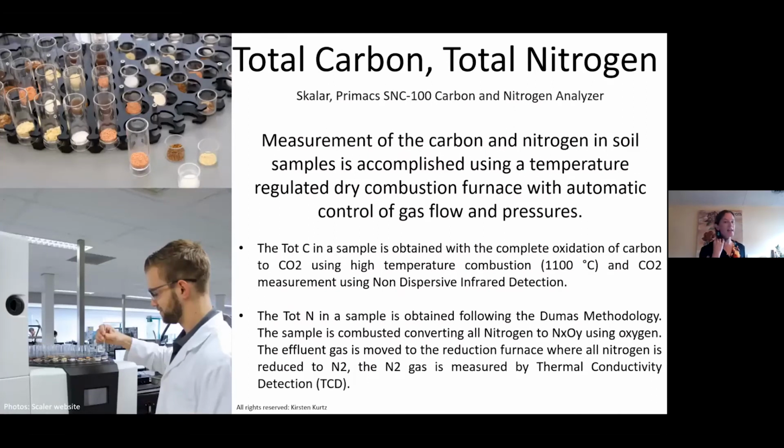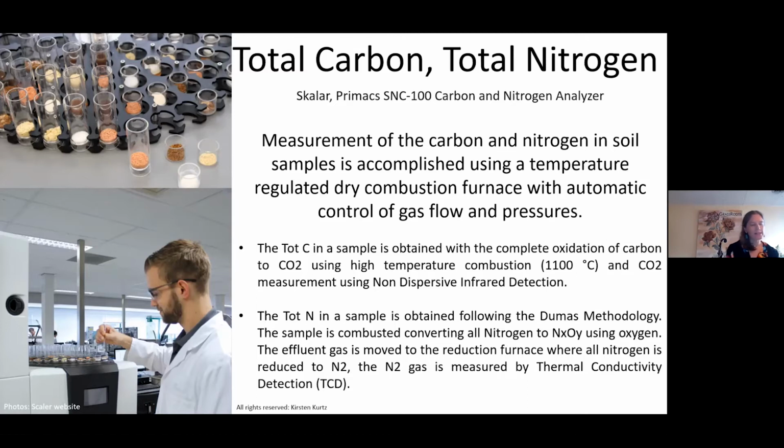For this test, we got this new piece of equipment from Scalar. It's called a Primax NSC 100 carbon and nitrogen analyzer. This is a very cutting edge piece of equipment. We're very lucky to have it. My understanding is there's one, possibly 2 other labs in the United States that have one of these. It's a really interesting machine because the way it works is that you basically put your soil into these little jars, and then they're on a carousel.